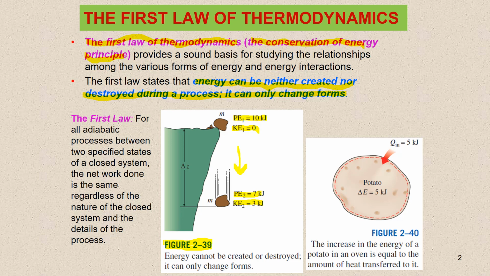If we disregard any mass transfer, which is the moisture loss from the potato, the increase in total energy of the potato becomes equal to the amount of heat transfer. That is, in this case, 5 kilojoules of heat is transferred to the potato. The energy increase in the potato will also be 5 kilojoules.